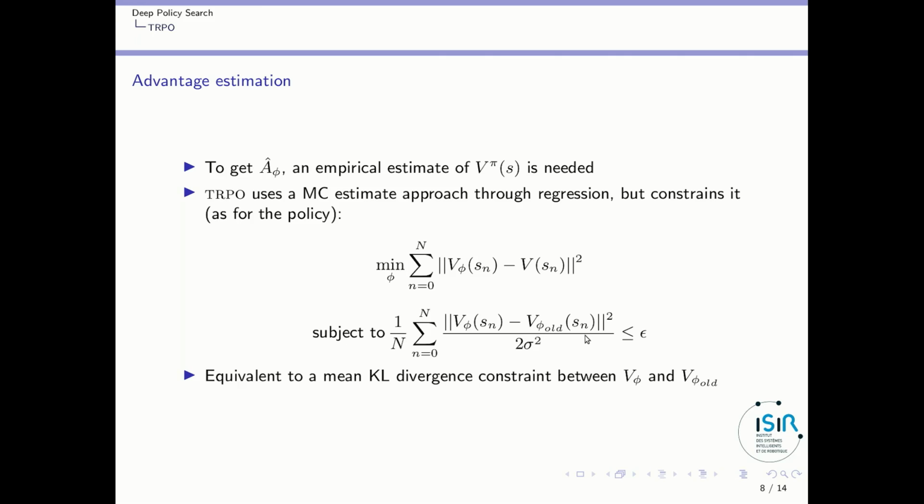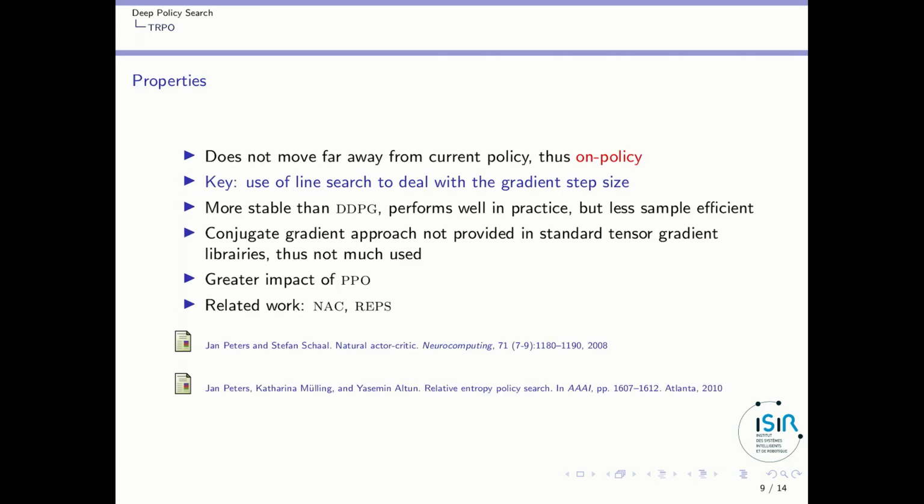You want the difference between the current estimate and the previous estimate to be lesser than some epsilon. That's equivalent to using a mean Kullback-Leibler divergence constraint between the different value functions and not between the policies here. That's a bit technical, but this helps provide a better estimate of the value function. So that's it about TRPO.